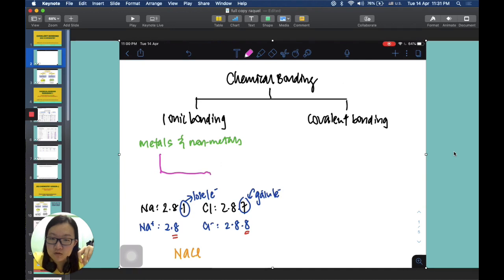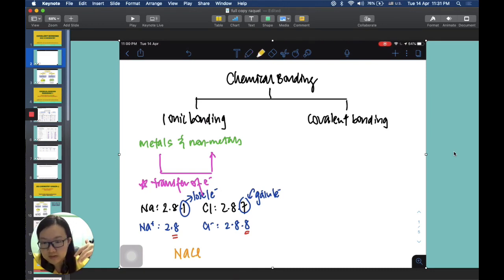Just a quick summary: ionic bonding, in terms of electrons, is the transfer of electrons. I lose, you gain. So basically, it's a transfer. That is ionic bonding in a nutshell.